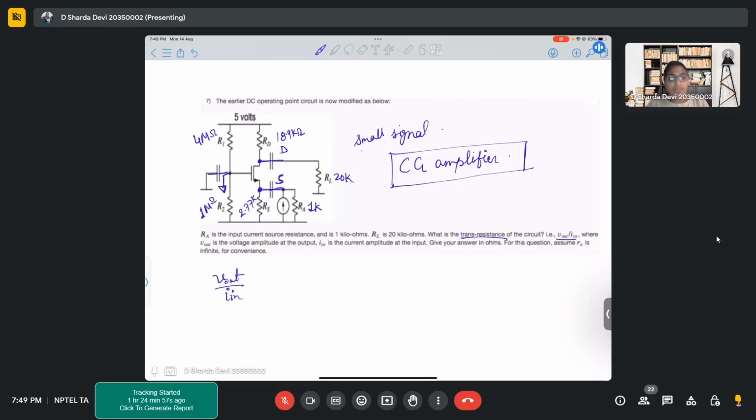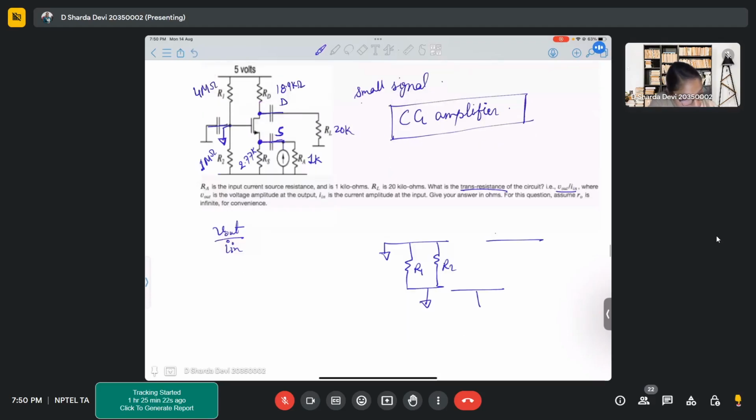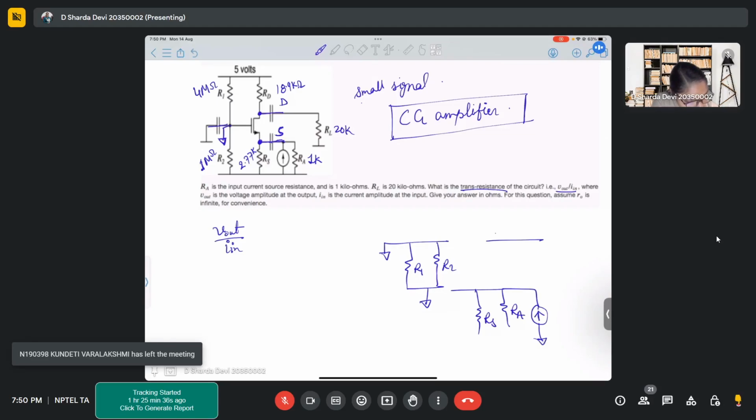First of all, we'll draw the small signal equivalent of this particular circuit. Here the gate has been grounded with R1, R2. Now, gate, drain, source. The source has been connected to RS parallel RA, and a current source has been applied.